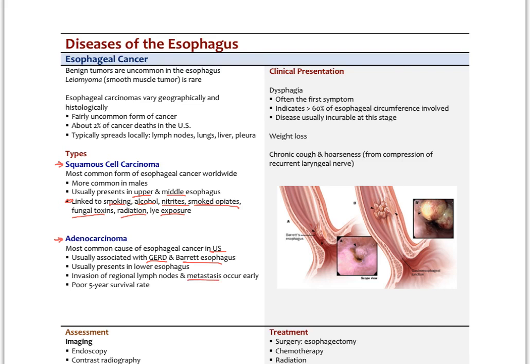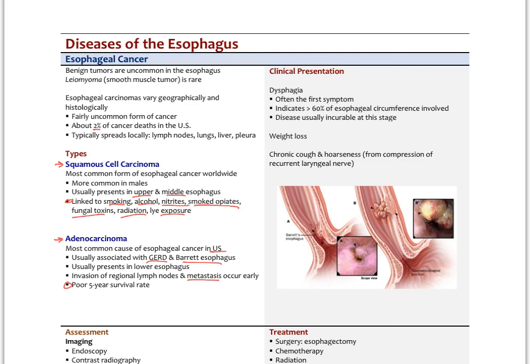So this is why we are really concerned about people presenting with any of the red flags and with chronic reflux, to be sure we don't miss catching these early, because the treatment is much more effective in the early stages. There's very poor 5-year survival, because a lot of people don't get these diagnosed until they have already metastasized throughout the body. Fortunately, it's a fairly uncommon type of cancer, but it does cause about 2% of all cancer deaths in the U.S.